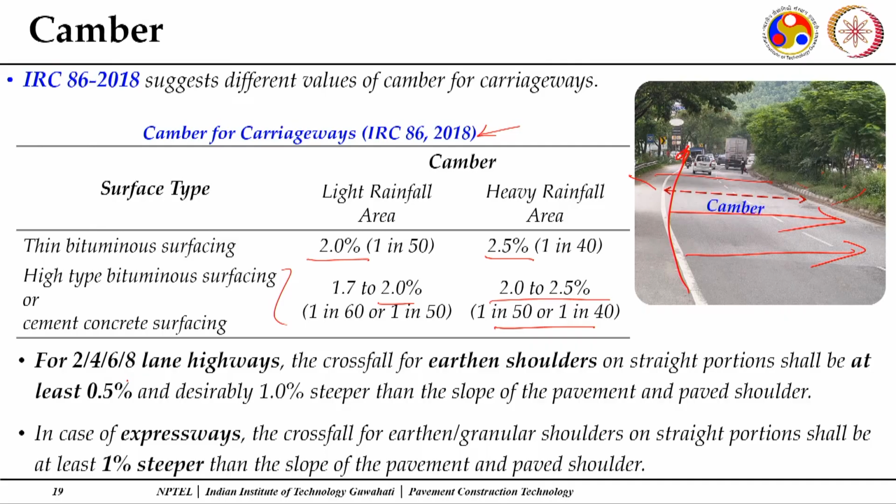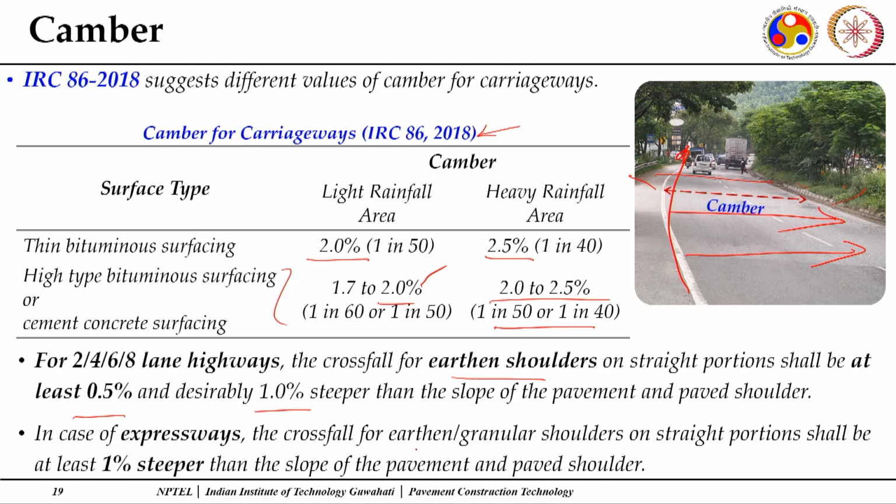Here it says for 2, 4, 6, 8 lane highways, the cross fall for earthen shoulders, especially earthen soil, which gets more damaged in the presence of water and loses its strength, should be at least 0.5% more, and desirably 1% steeper. So if I give a camber slope of 2% for the main carriageway, I will give 3% for my shoulders, which are earthen shoulders.